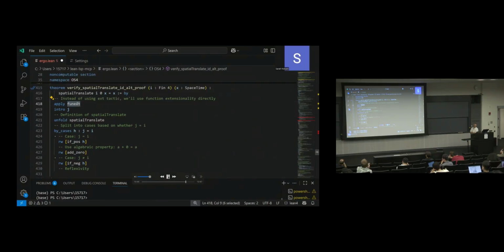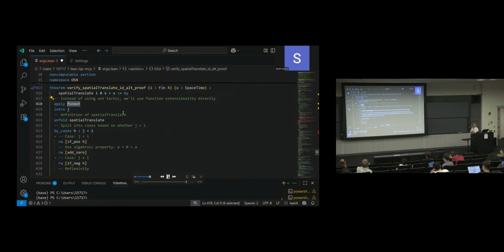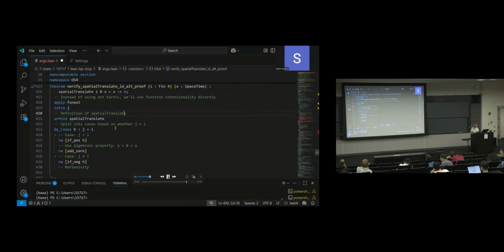Let's look at the second verification, which is the same laws above, but proved a different way. So in this one, it uses the fun ext directly instead of the ext tactic. It unfolds spatial translate. It does the same split at j equals I and uses add_zero in the j equals I case.